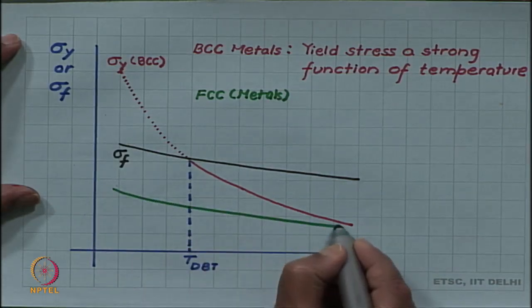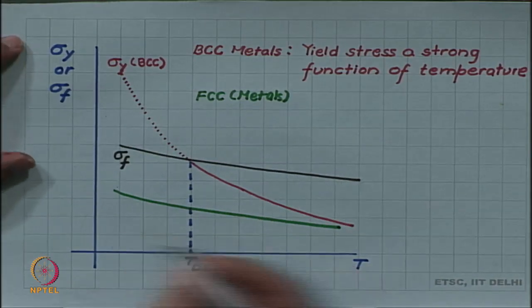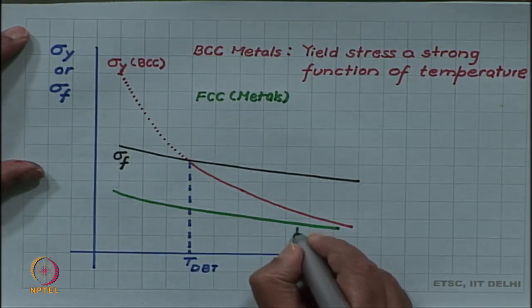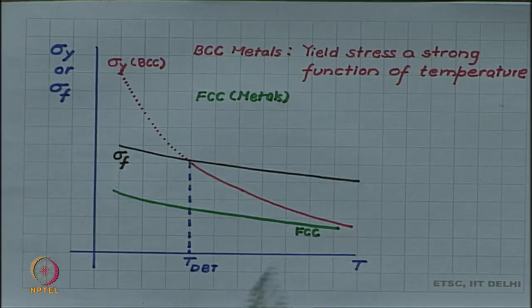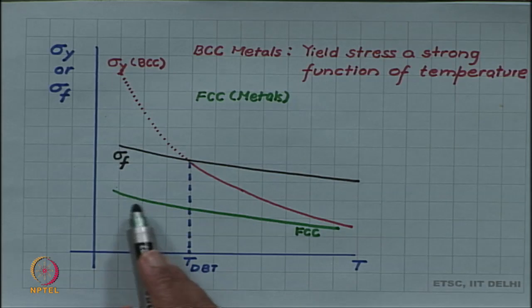It will not be a very strong function. Here also yield stress is increasing when we are lowering the temperature, but it is never intersecting the fracture stress curve.